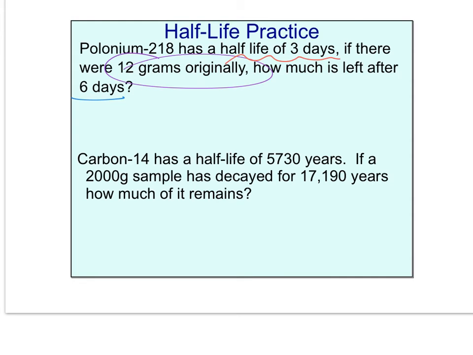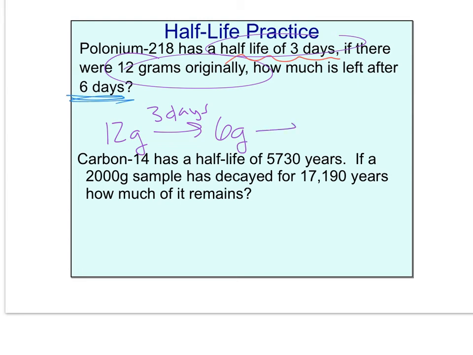So I'm saying, okay, I've got 12 grams to begin with. Half-life 3 days. So after 3 days, that's a half-life, right? After 3 days, I know that this would decrease by half. That's what that word half-life means. So now I would have 6 grams. My question, though, was 6 days.